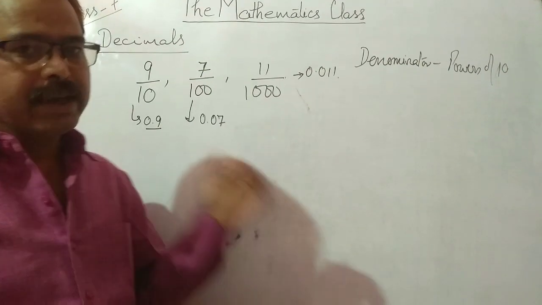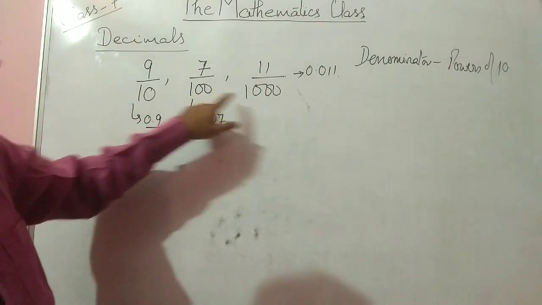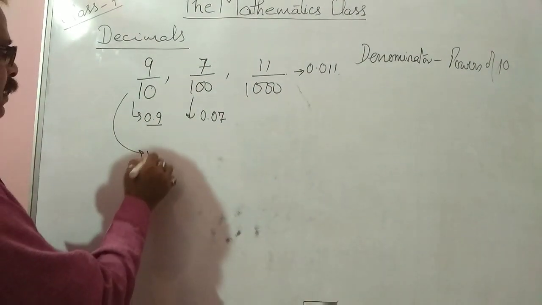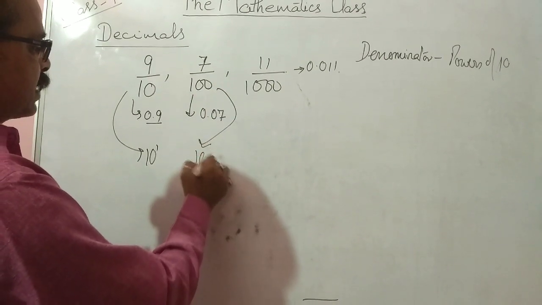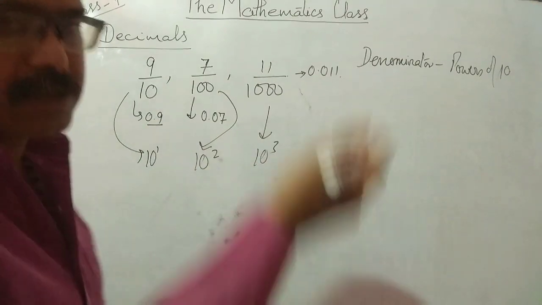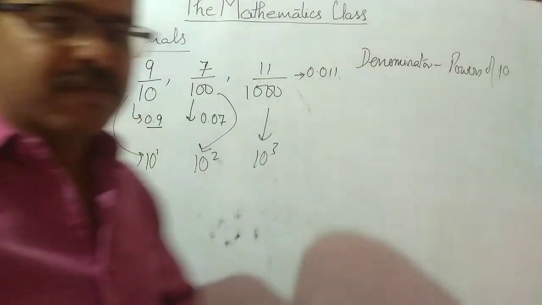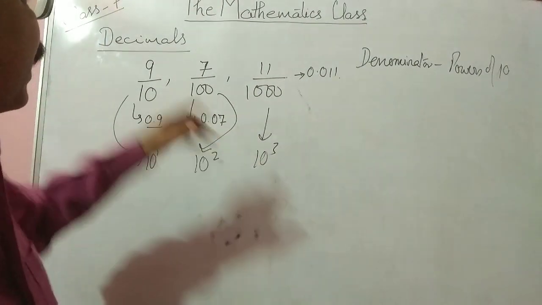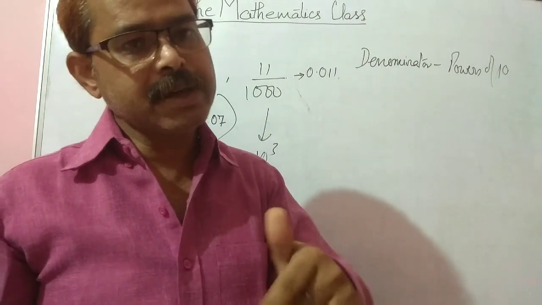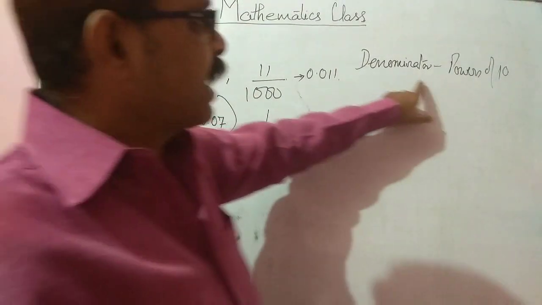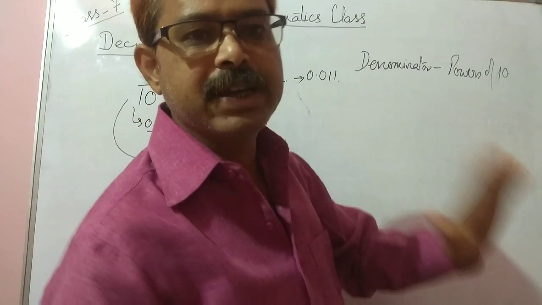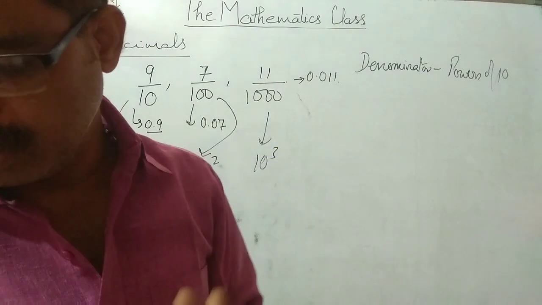Any fraction in which the denominator is in the powers of 10: 10 means 10 to the power 1, 100 means 10 to the power 2, 1000 means 10 to the power 3, then 10 to the power 4, 5, 6 and so on. So decimals are numbers which can be written as a fraction, and if that fraction can be written in the powers of 10, it is a decimal. This is the very basic definition I have told you.